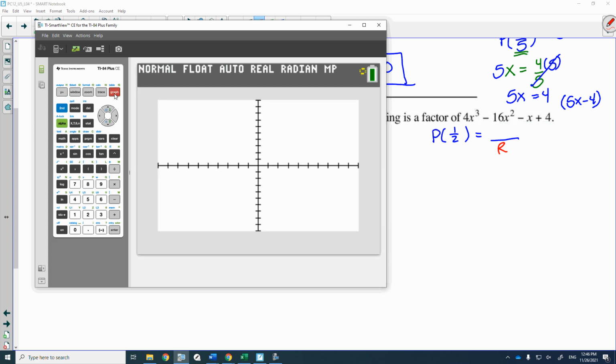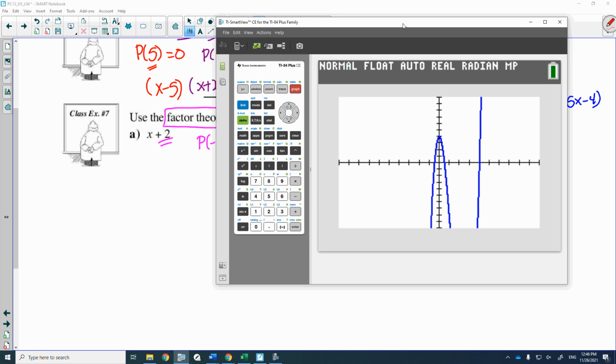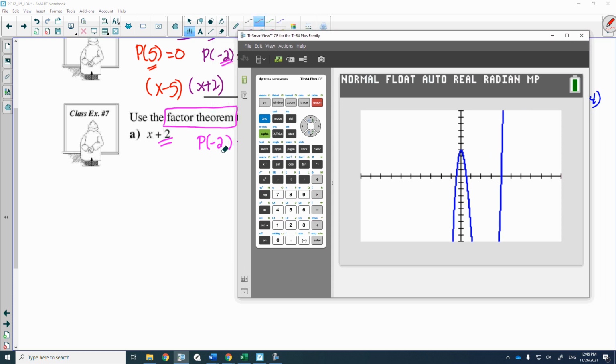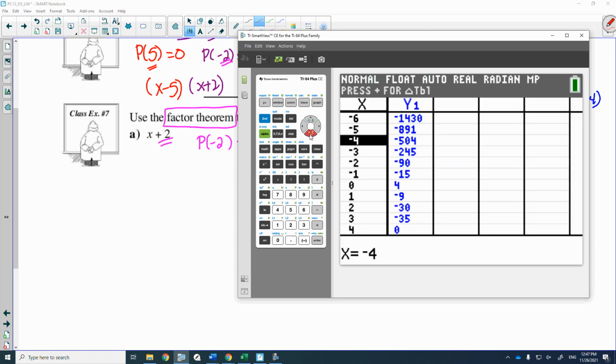Here's what the polynomial will look like, which doesn't mean much now, but it will when we graph. I want to know what p of negative 2 is. I could find that in two different ways. I could look at the table of values, and when x is negative 2, my remainder is negative 90.